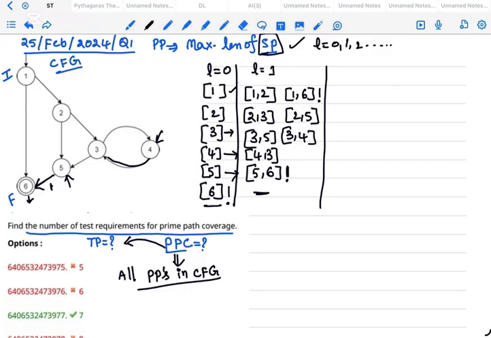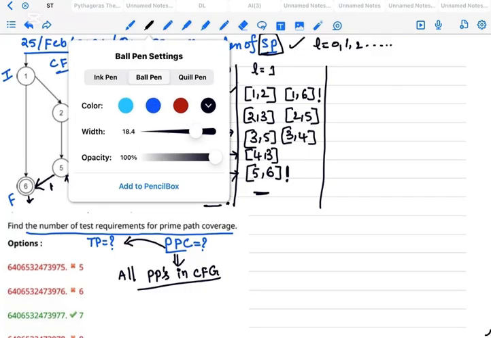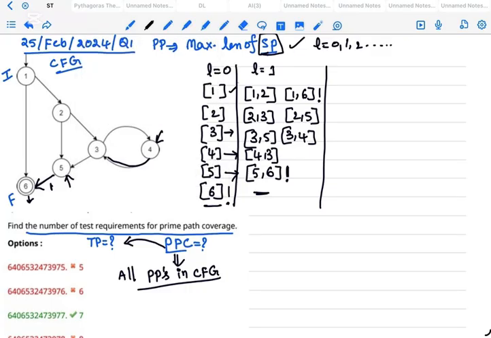Next we go for length 2, that is, we extend length 1 paths to length 2 by the next node. First we select the path 1 to 2.